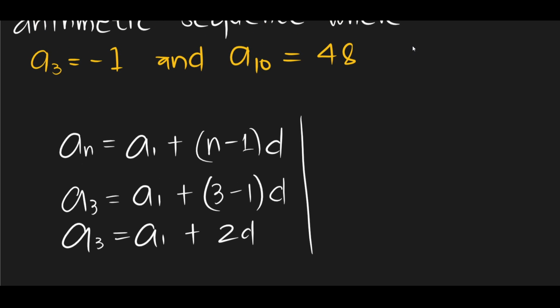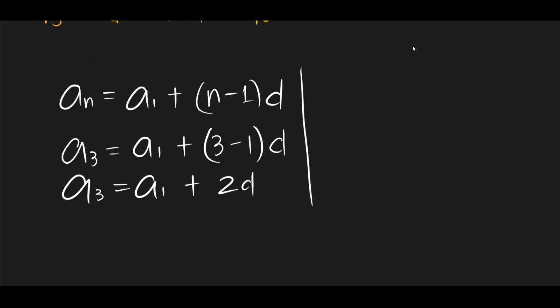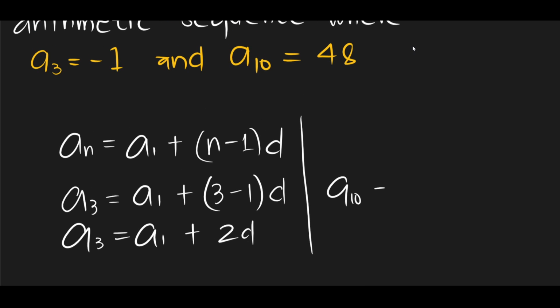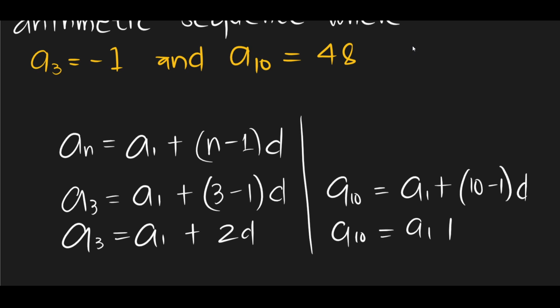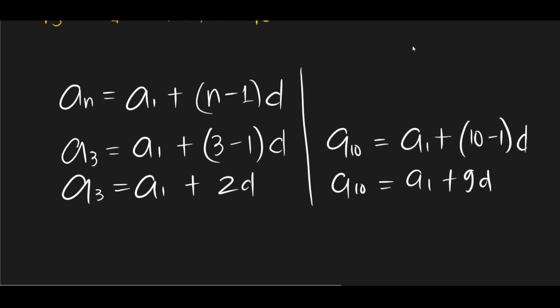Okay, how about the second one? We have a10 is equal to what? a1 plus (10 minus 1) times d. So a10 right here is a1 plus 9d.